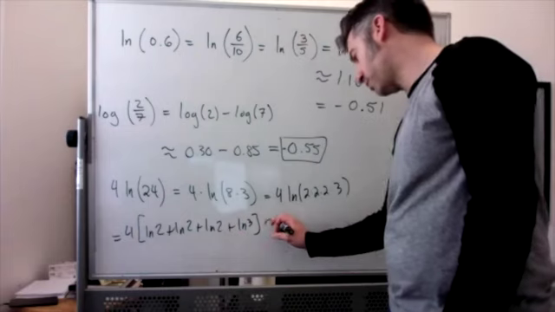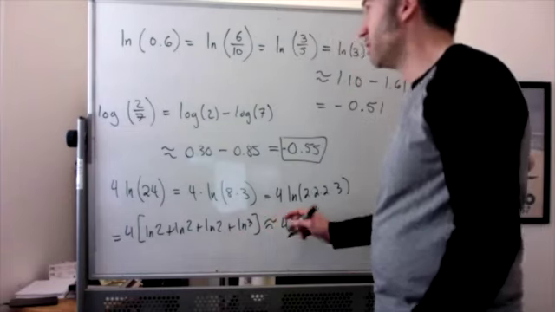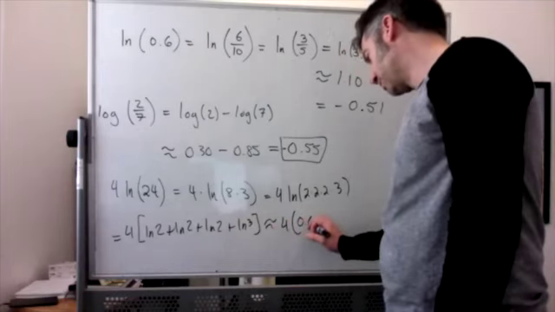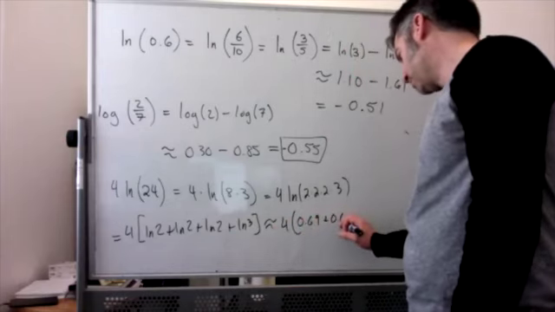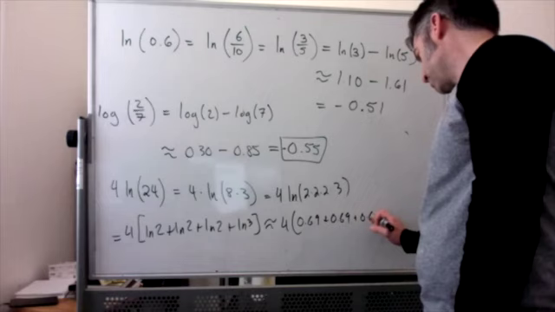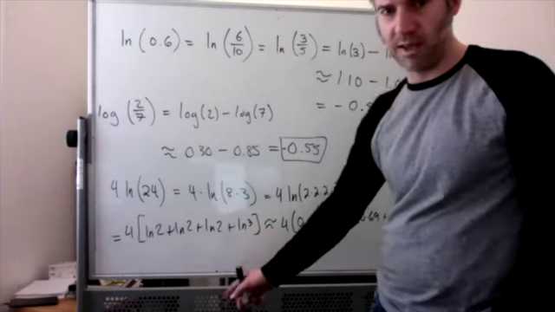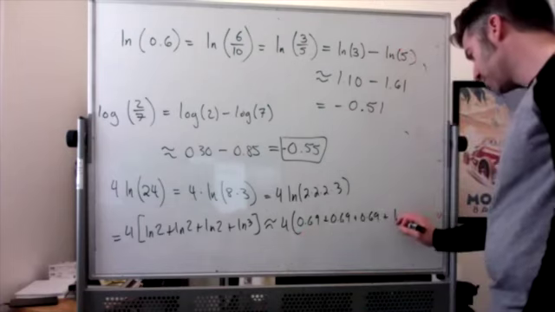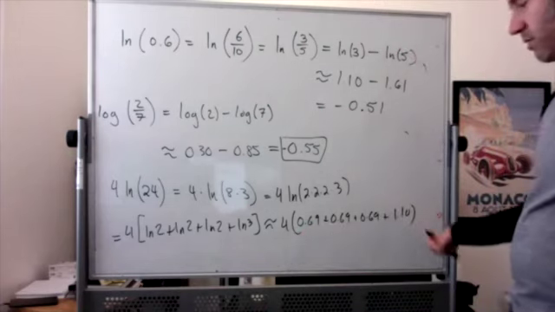And then it would be approximately 4 times natural log of 2, which is 0.69, 3 times. And then the natural log of 3 is about 1.10. And again, that's given to us. And then this would be whatever is equal to, right?